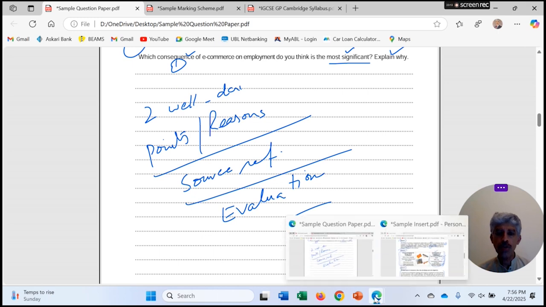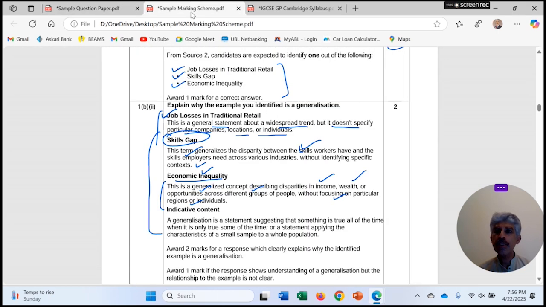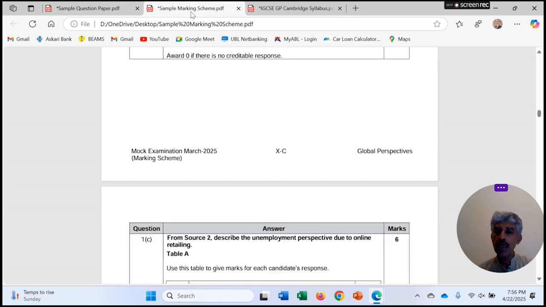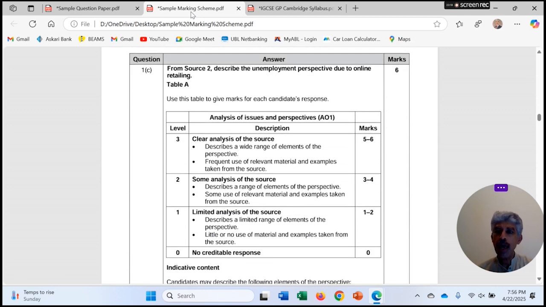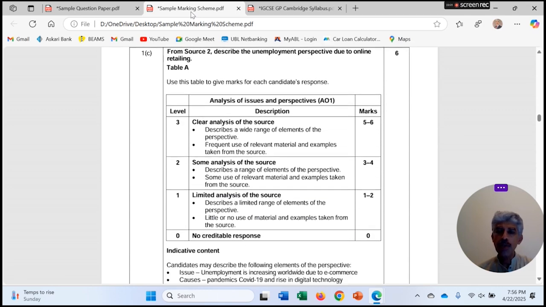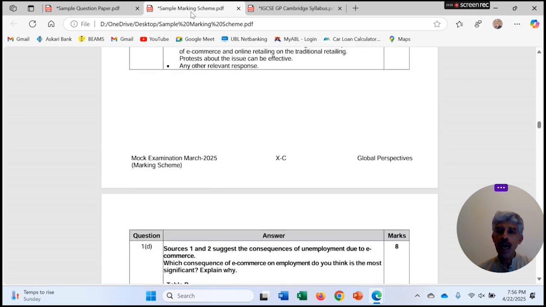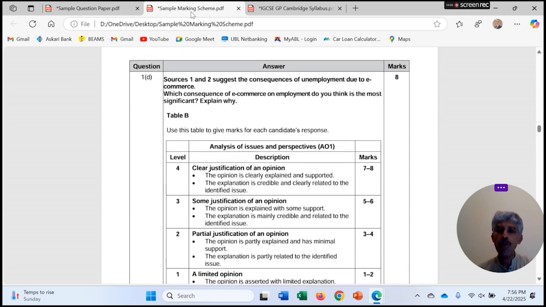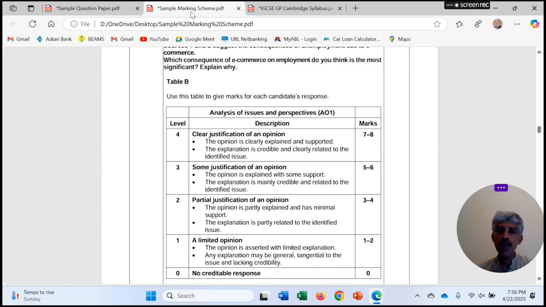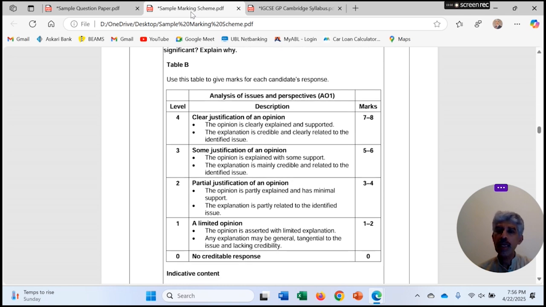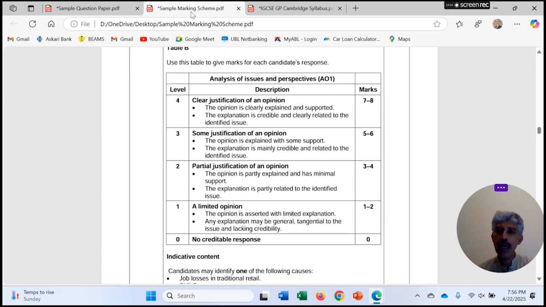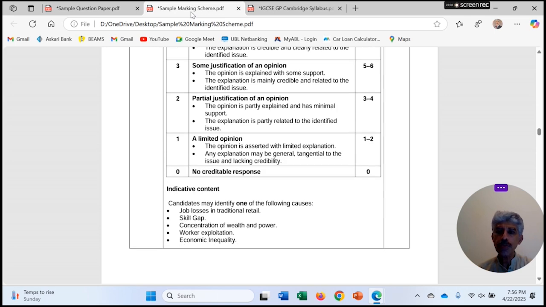I'm going to the marking scheme of this particular question, and here we have the marking scheme of this question. That was the question 1C, I mean the perspective of unemployment towards the retail jobs, retail buying and selling.